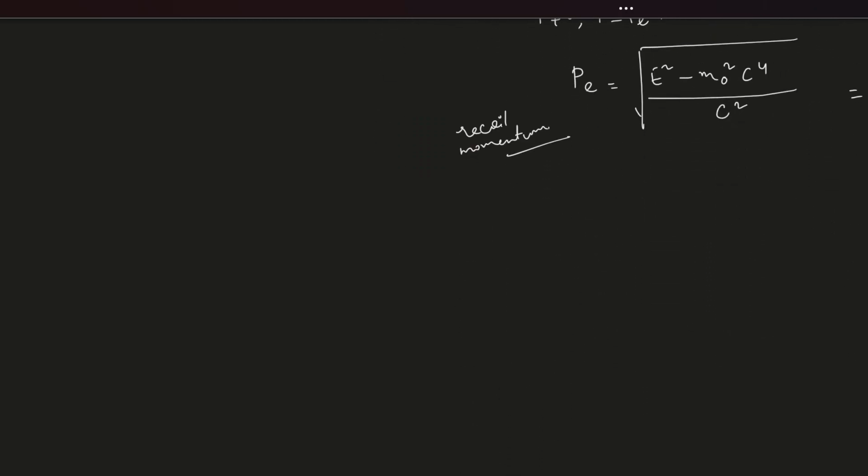After you use all those things, we get this equation of Compton scattering, that lambda f minus lambda I, that is delta lambda, which is the wavelength shift that the photon experiences after it gets scattered by the electron. So delta lambda is equal to h by m naught c into 1 minus cos phi.